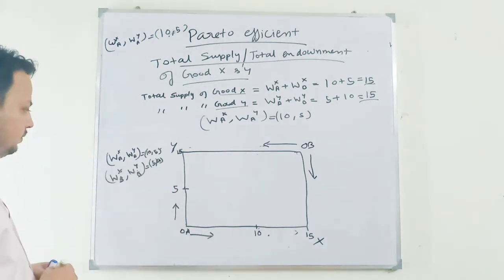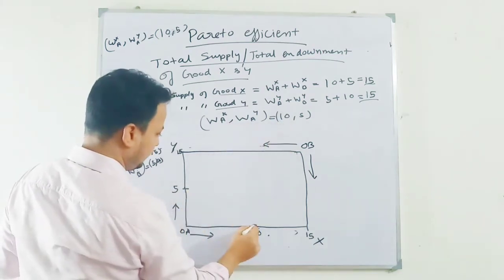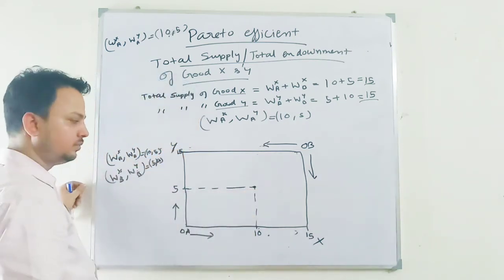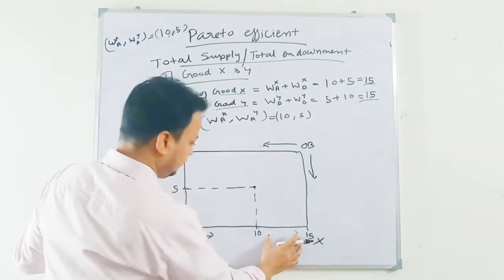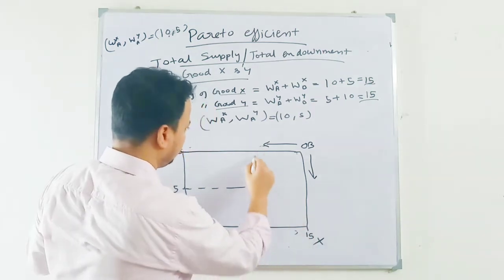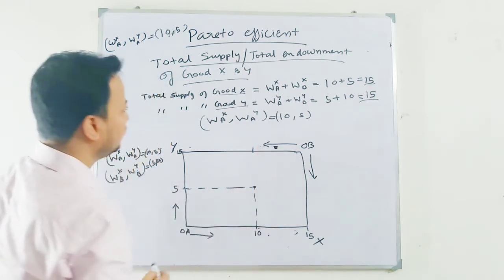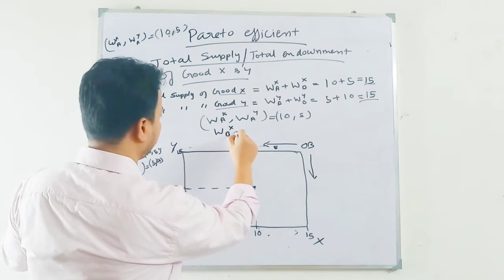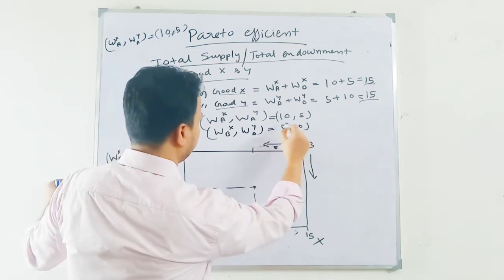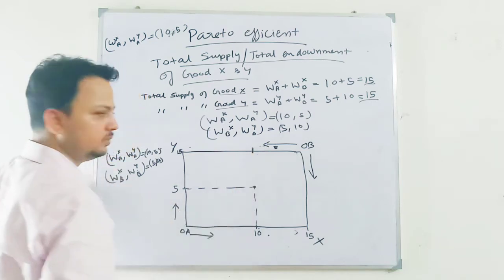So the endowment of consumer A is 10, 5: 10 units of x and 5 units of y. What is the distance? This is total 10 and this is total 15, so this distance is 5. Let me write the endowment of consumer B. This is 5, 10. So the endowment of good x is 5.